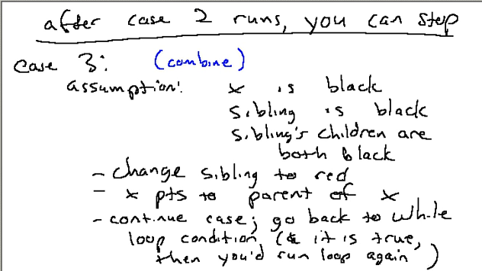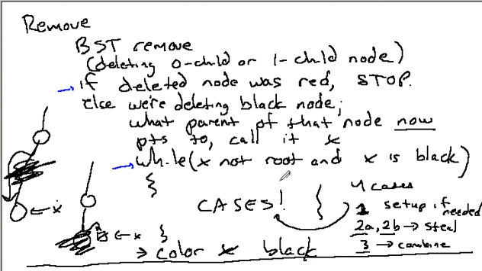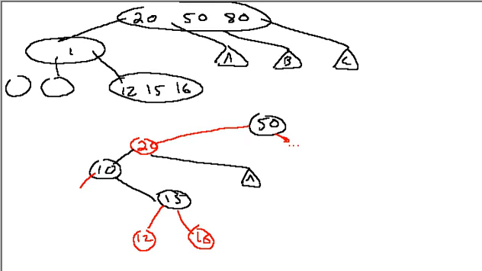Remember what our while loop condition was. We said, as long as x wasn't the root and it was black, you continued. And so, no matter what you do here with 1, 2, or 3, if 3 says, okay, now I'll continue. Oh, wait. If x is either the root now or x is red, you stop. And that's what happens here.